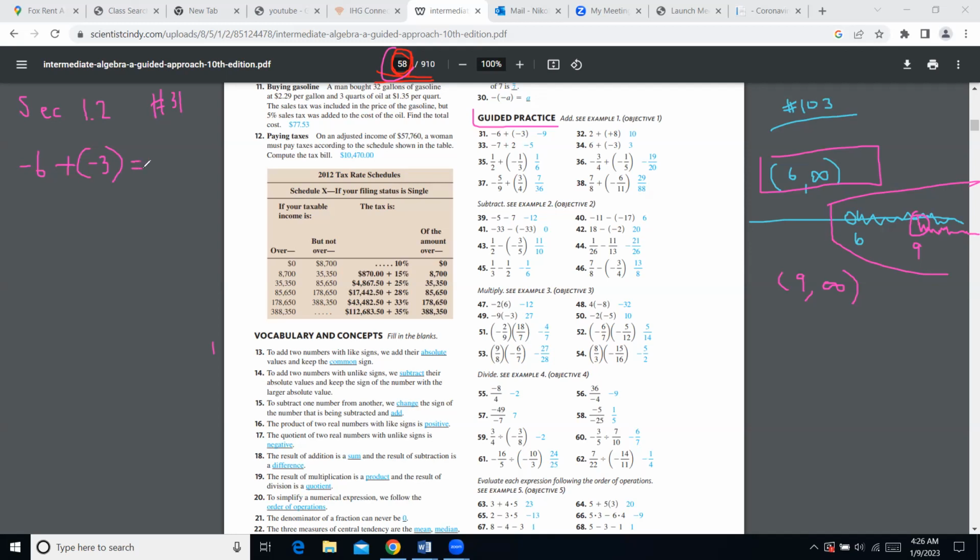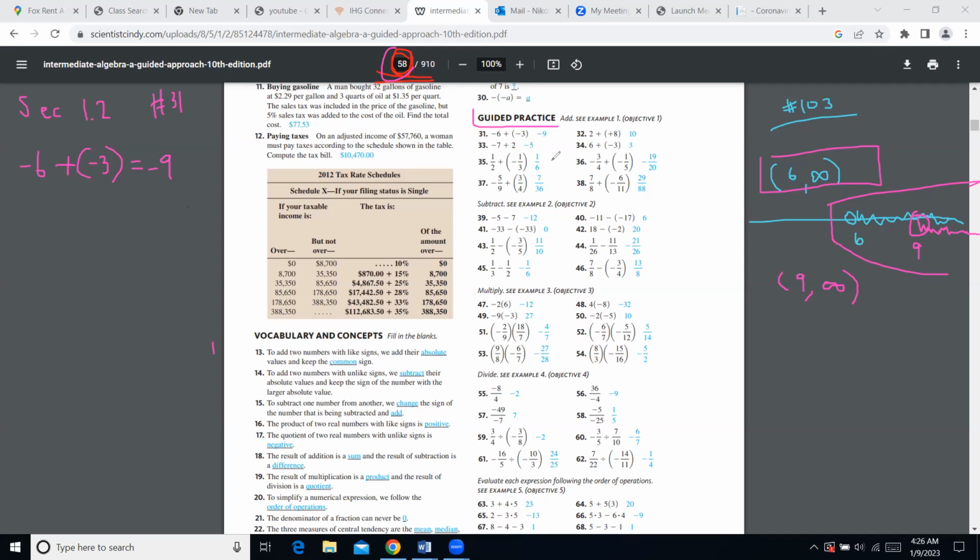Well, the rule says, if you have the same signs, they're both negatives, then you add those numbers, 6 and 3, which is 9, and you keep that negative sign. So the rule for adding numbers with the same signs, whether they're both positives or negatives, is the same. They say same signs you add and keep the sign.